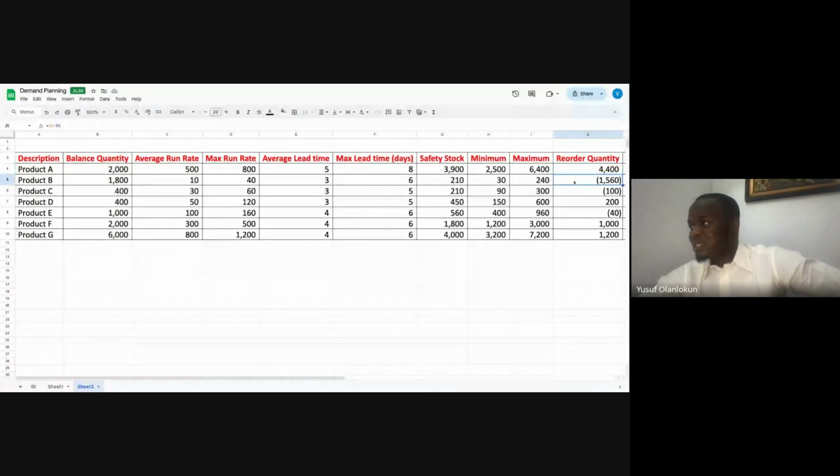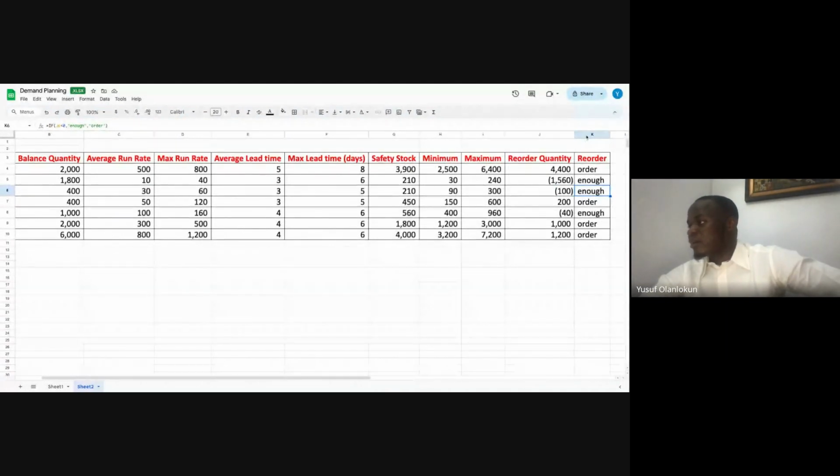For product B, this is negative 1,560, so you don't need to buy anything. The maximum balance for this product is 240, and your current inventory is already 1,800, so you are already overstock. The same thing with product C: the maximum is 300 and you had 400 already, so you are already overstock by 100.